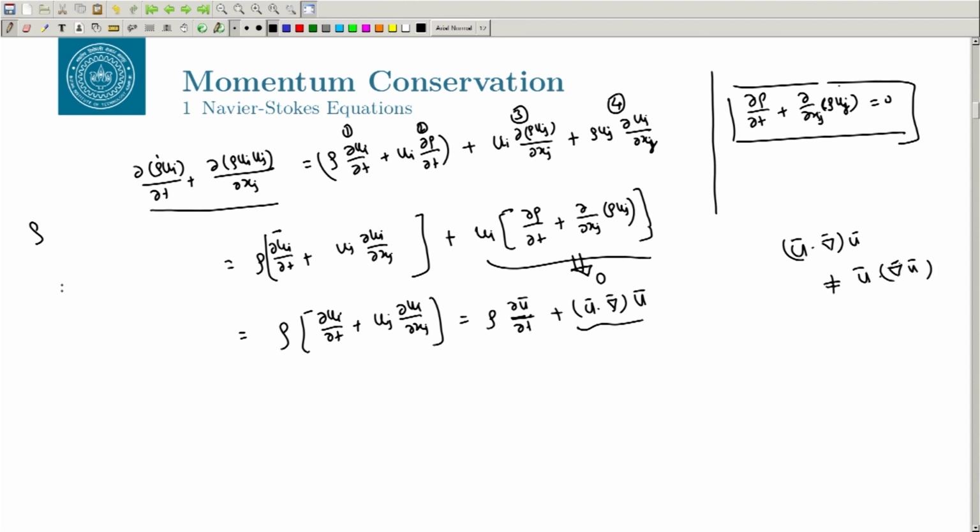Here we are putting the divergence of u with the del operator, so that you have the expression u del by del x and then v del by del y and plus w del by del z, and depending on the direction of u, you will have u or v or w here.